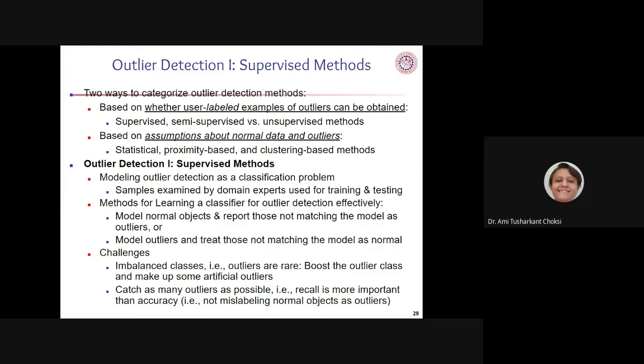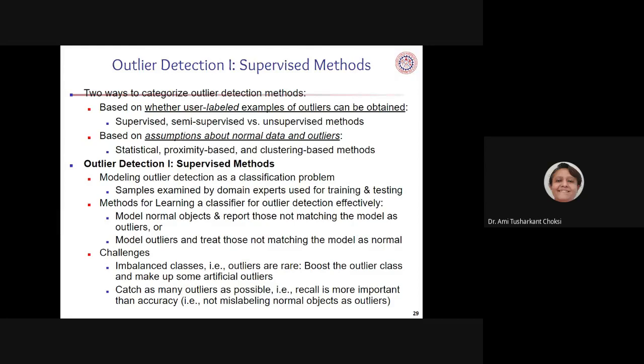We assume that a person who is sincere in attending classes, in submissions, in practicals, is normal, and people who do not attend or do not give submissions in time are the outliers.